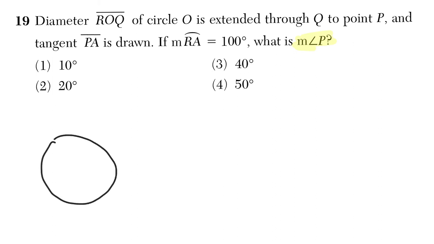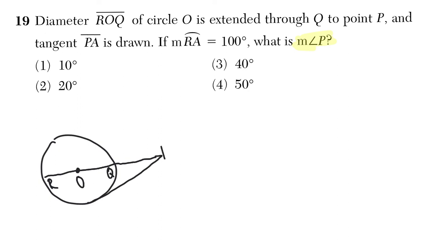So I'm using my eyeballs, and I can't help but notice it says diameter ROQ. So that's the first thing that I'm going to do. So I'm going to draw this diameter. And I know that this is O because it's of circle O. And I know that we've got R and we've got Q. And then it says it's extended through Q to point P. Okay. And then it says tangent PA is drawn.